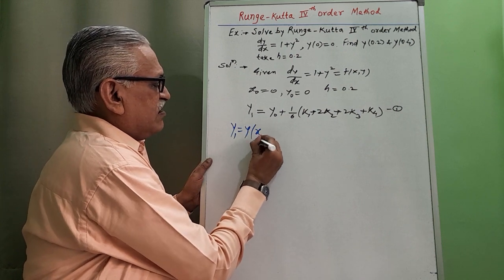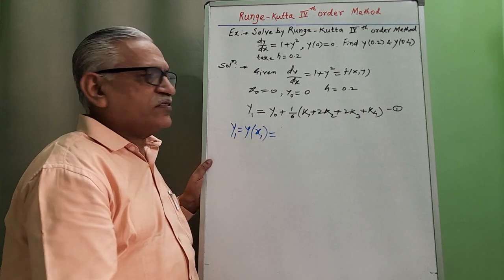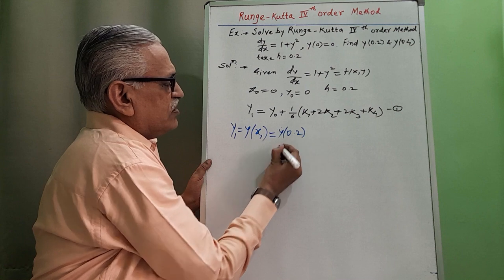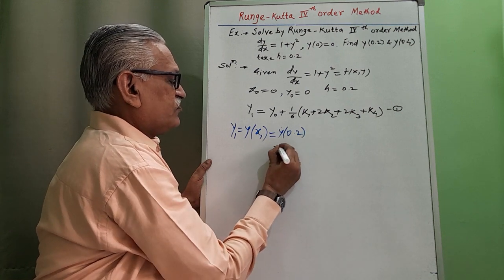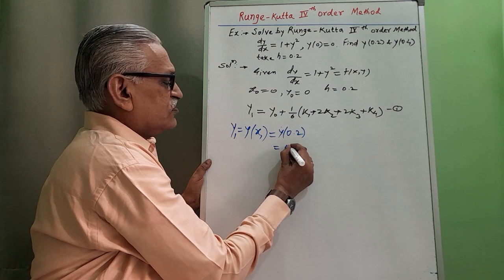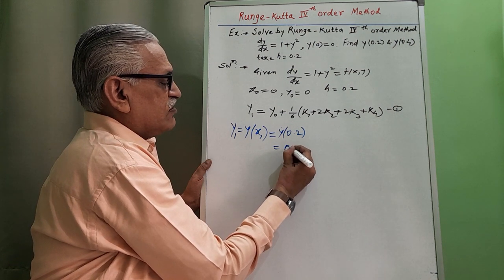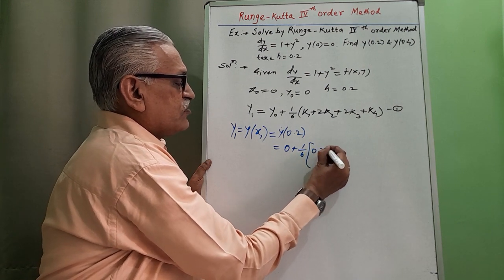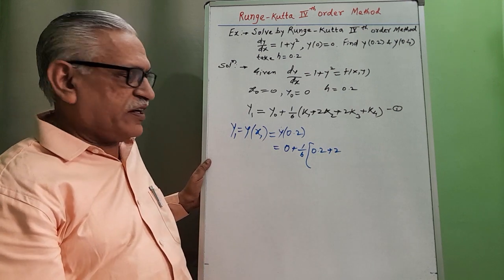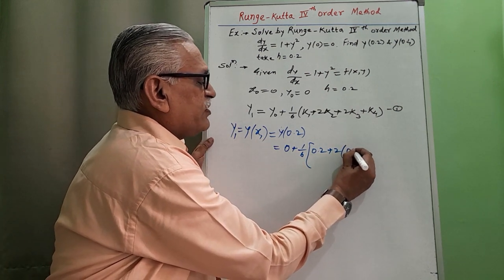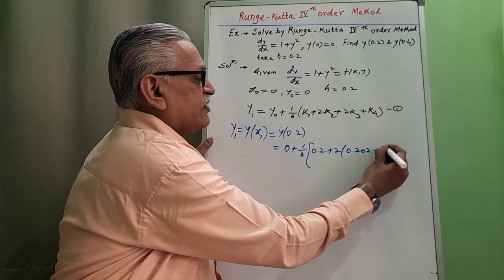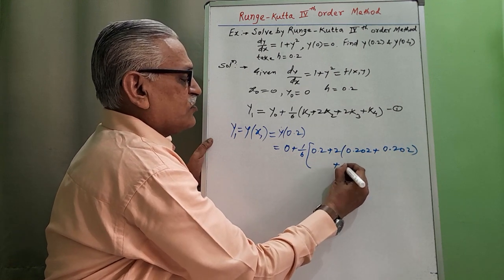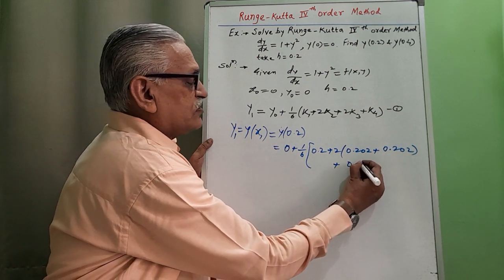Then substituting all these values in equation number 1, we get y1, nothing but y at x1. x1 is x0 plus h, 0 plus 0.2 we get that value as 0.2, and that is equals to y0, 0, plus 1 by 6 times k1 0.2, plus 2 times k2 plus k3, k2 is 0.202 plus k3 is also 0.202, and plus k4 0.208.